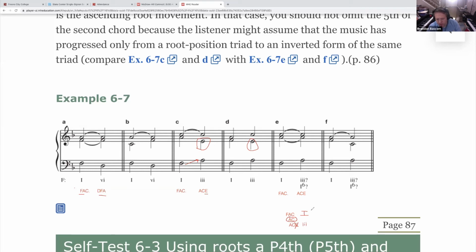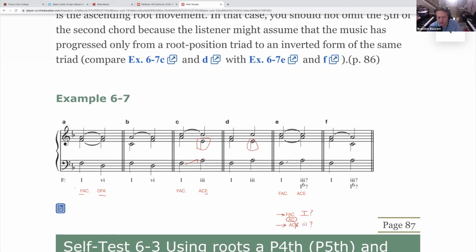We don't know if it's the 1 or the 3 because we're missing that 3rd note that tells us. We only have 2 chord tones, and when we only have 2 chord tones, we don't know if it's a major chord, which would be the 1 chord, or a minor chord, which would be the 3 chord. We don't have enough information.